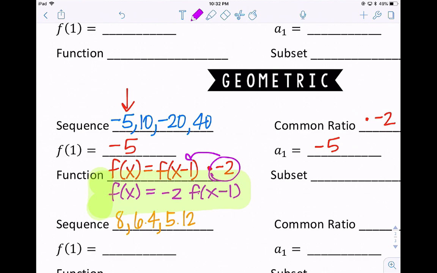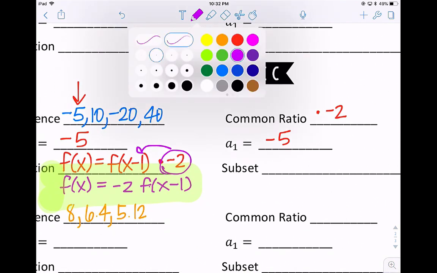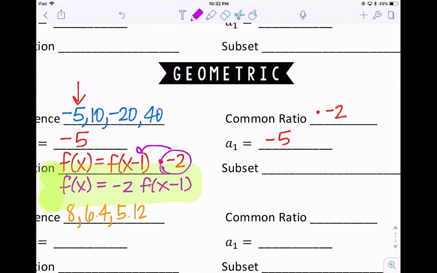Okay. All right, so the subscript notation, the a sub n part, very similar. We would just write a sub n, so that means any term or the nth term, is equal to, again, I would put the -2 in the front because I'm multiplying. So just one tiny difference between that and arithmetic. So -2 and then a sub n minus 1.